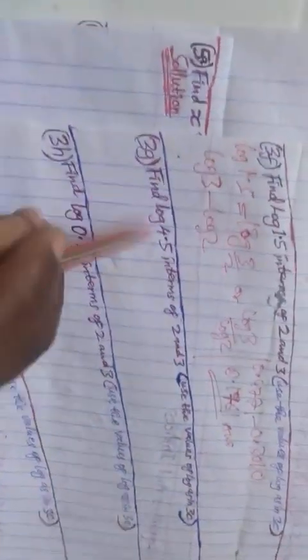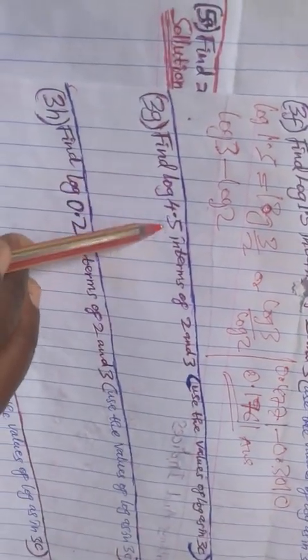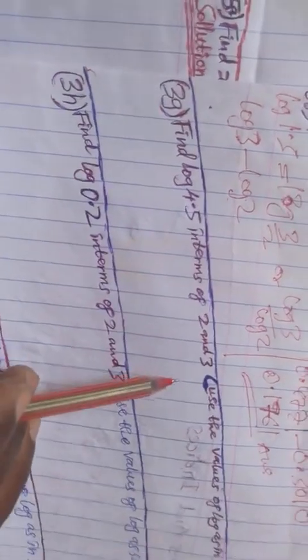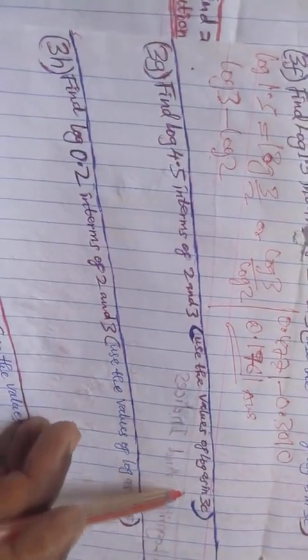For question number 3g, it states: find the log of 4.5 in terms of 2 and 3. Use the values as in 3c.